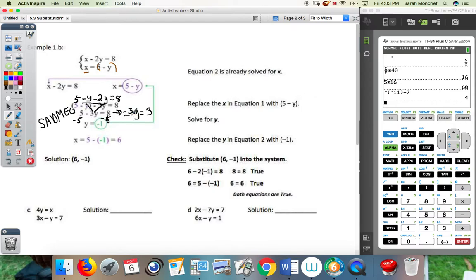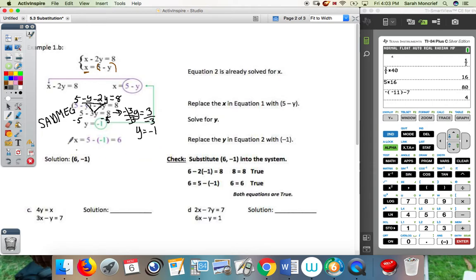Then I need to divide by the negative 3 in order to get y by itself, which leaves us with y is equal to negative 1, which is again right here. I just wrote it out with all the steps in case anyone was wondering how we got the negative 1.